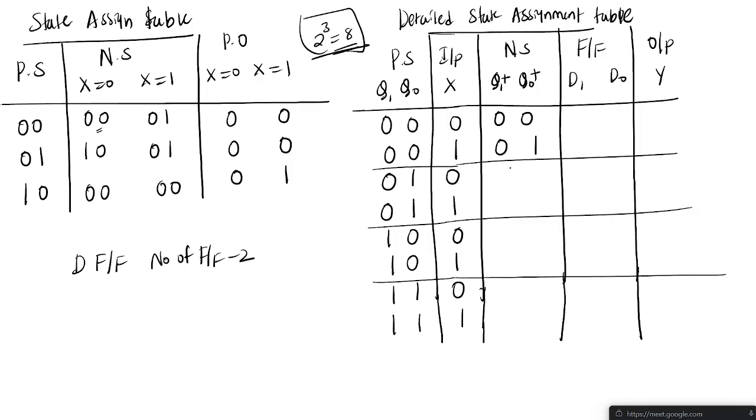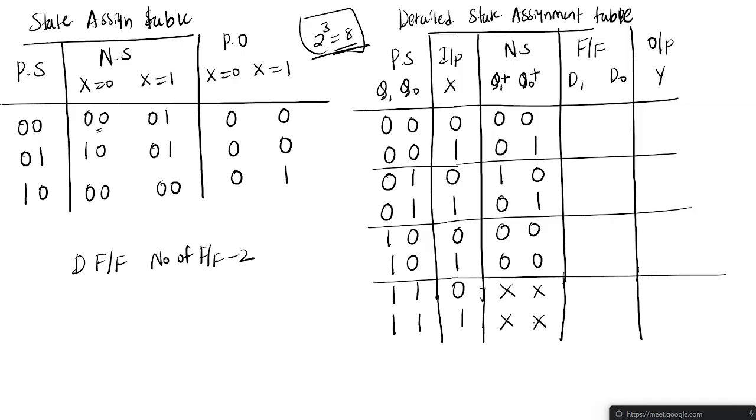For input x equal to 0, what is the next state? 10. Present state is 01. For input x equal to 1, what is the next state? 01. Present state is 10. For input x equal to 0, what is the next state? 00. Present state is 10. For input x equal to 1, what is the next state? 00. Okay. This we are not using, means don't care.